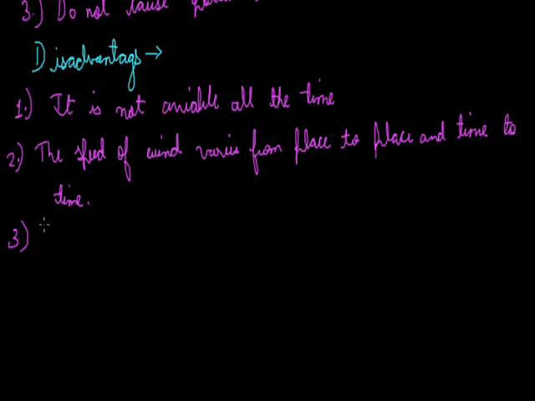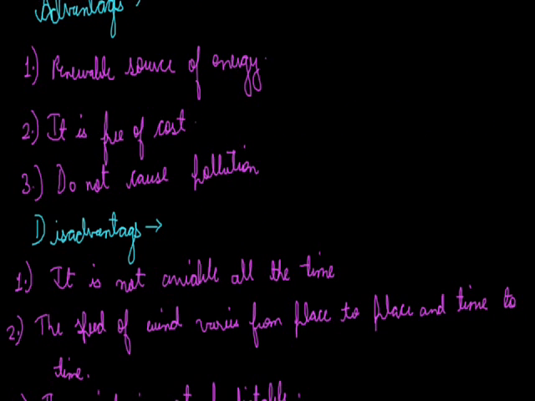And last, it is not predictable, means we cannot predict when the wind is going to come or going to end. It's a natural phenomenon. So this was the brief knowledge about wind energy.